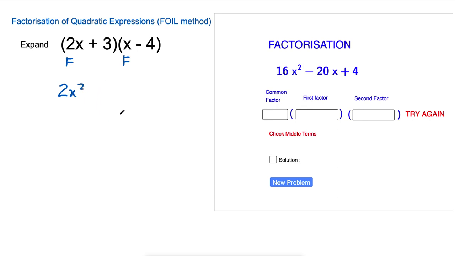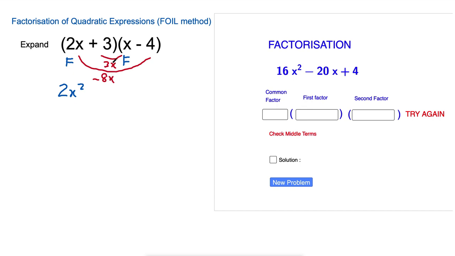And then we need to multiply the inner and the outer terms to get our middle term. Multiplying the inner term, we have 3x, and multiplying the outer terms, we have negative 8x.